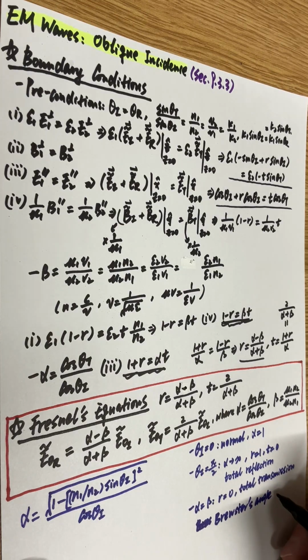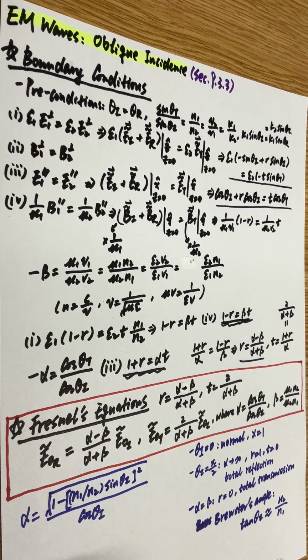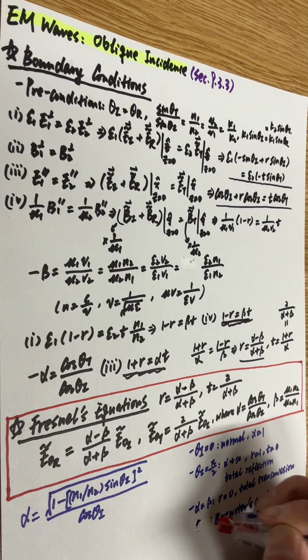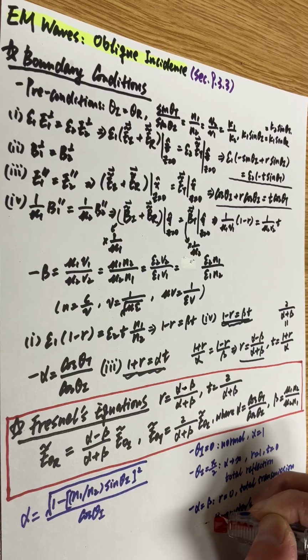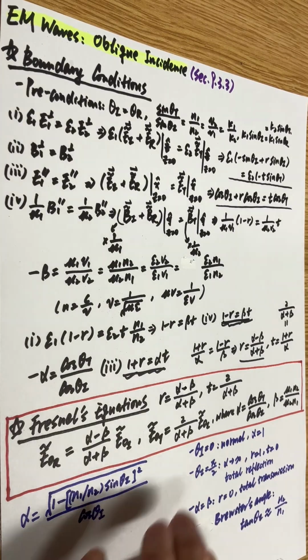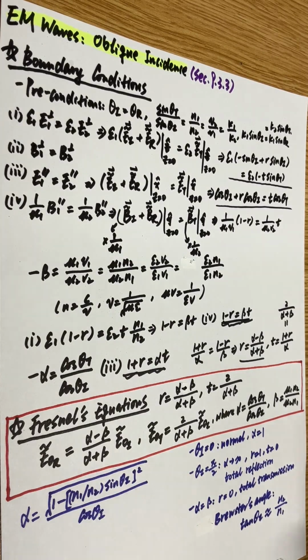And that angle has a very simple expression: tangent theta I is approximately equal to n2 divided by n1. So here we have all these special cases observed from Fresnel's equations.